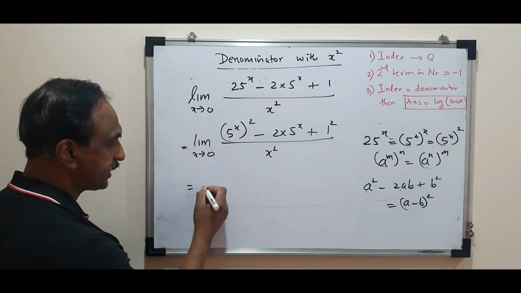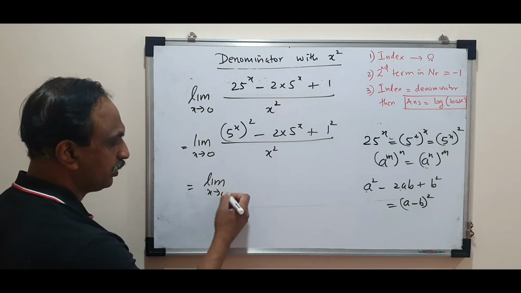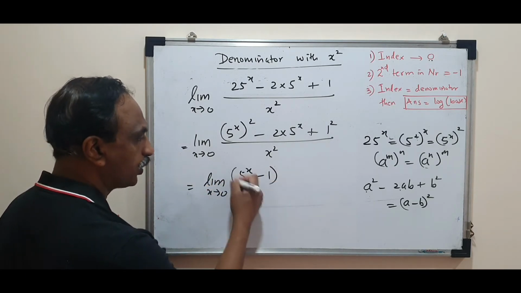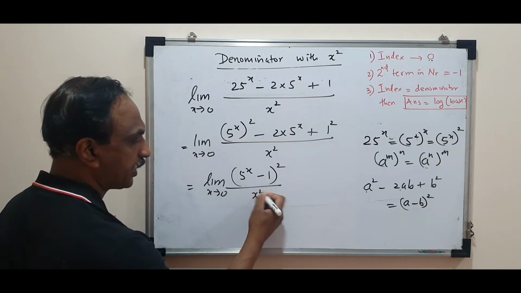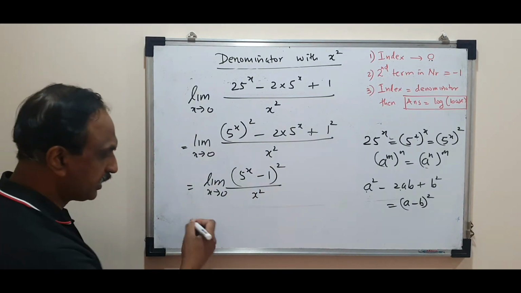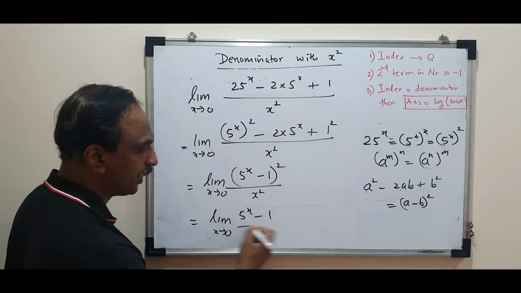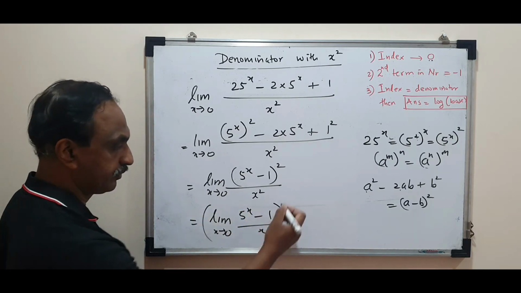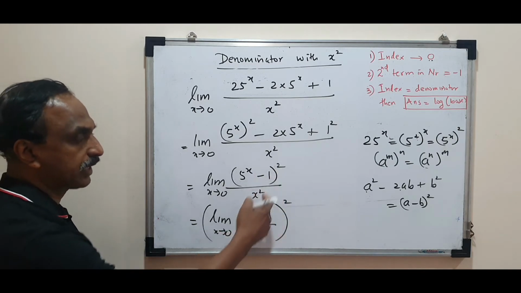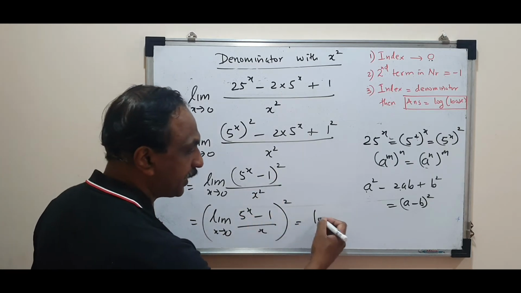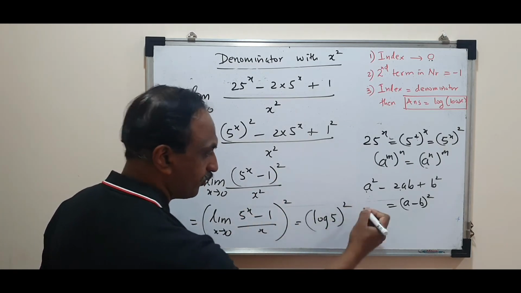So I can write this as limit x tending to 0, 5 raised to x minus 1 the whole square divided by x square. So this is nothing but limit x tending to 0, 5 raised to x minus 1 upon x the whole square. Both the squares are combined together. Finally, this became log 5 the whole square.